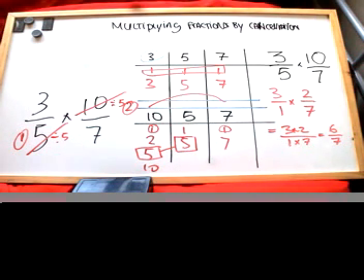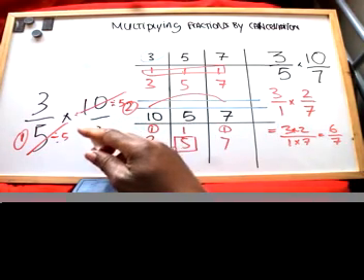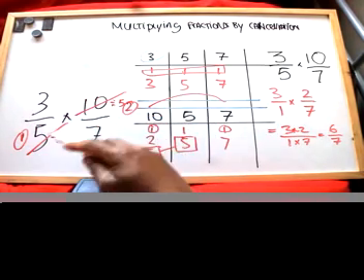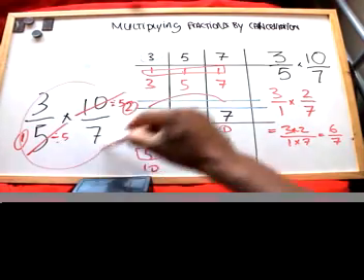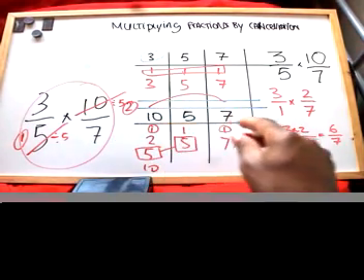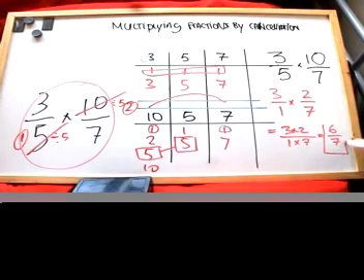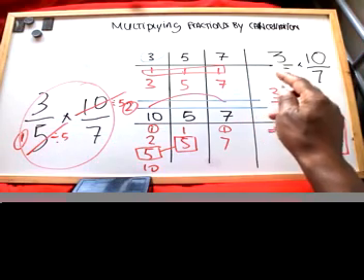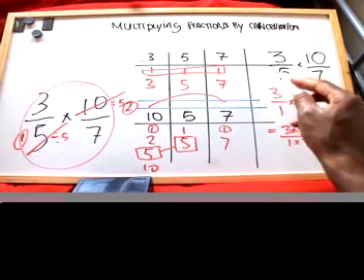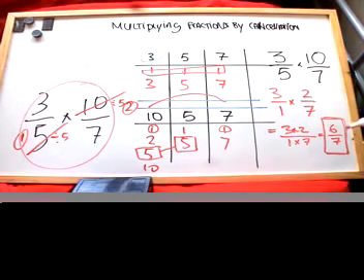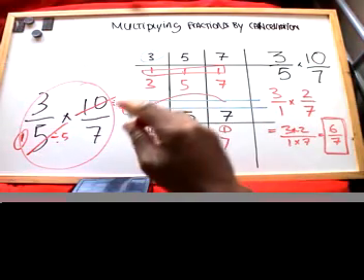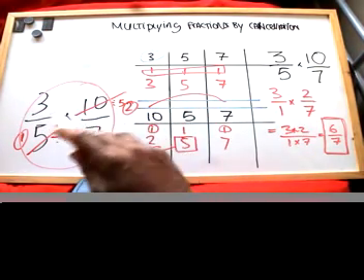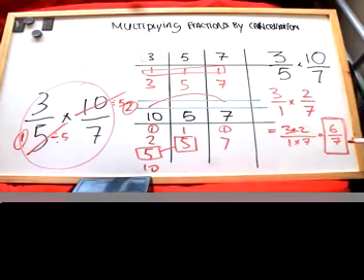So essentially what you've done is you simplified all of this by cancelling down, and that has given you an answer, which is the actual simplified answer. So instead of doing 3 times 10 over 5 times 7 and then simplifying, because you're using cancellation here, it already does it for you.